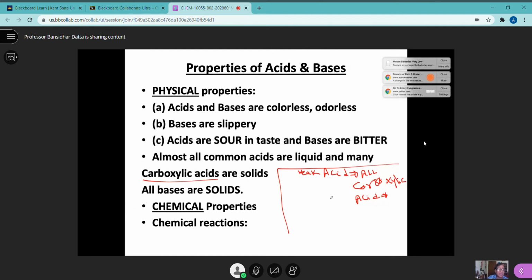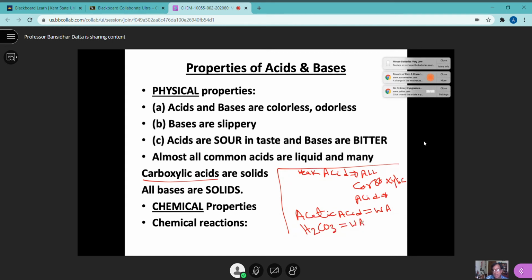For example, acetic acid. Remember, we talked about acetic acid. Acetic acid is vinegar. We already know acetic acid is the weakest among those acids that you get. So all carboxylic acids are weak acids, remember. And inorganic acids like H2CO3 is a weak acid.